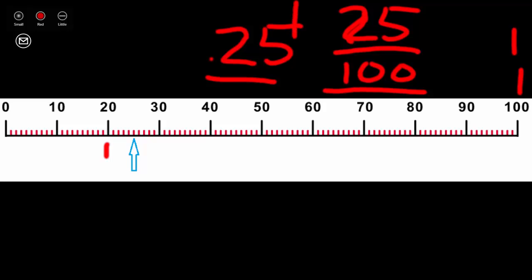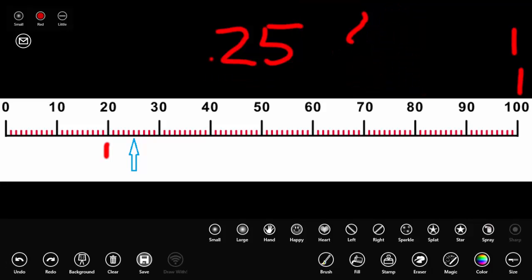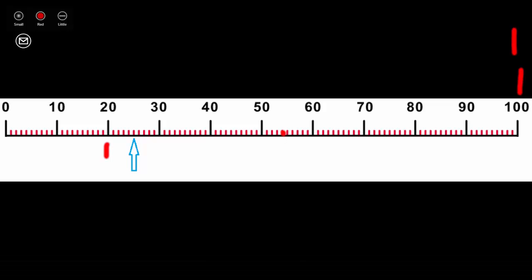Now let's take a look. If we had a hash mark that was plotted directly between two of our hundredths hash marks, for example, if we had a hash mark plotted right here, we would have to first count to see which two hash marks it's between.